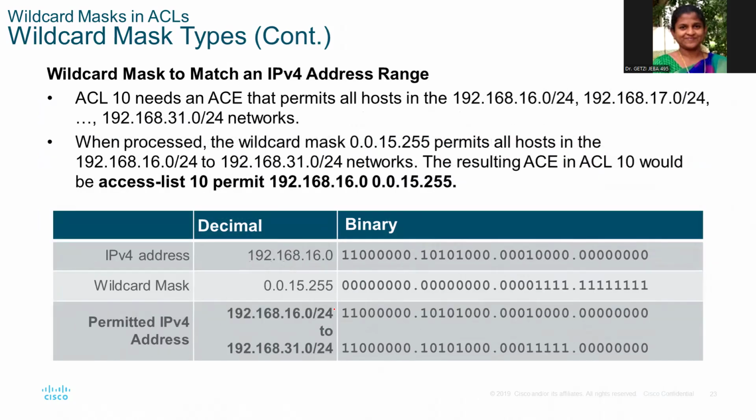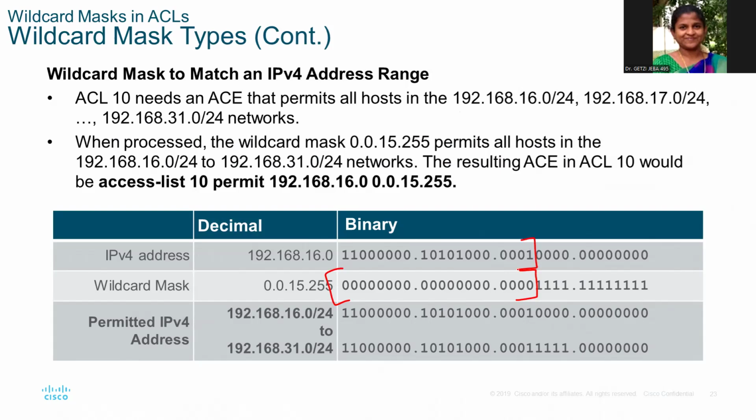So let us consider the next case. In this case, it says 172.16.0.0 and the wildcard mask is 0.0.15.255. So now you have to match exactly up to this point.